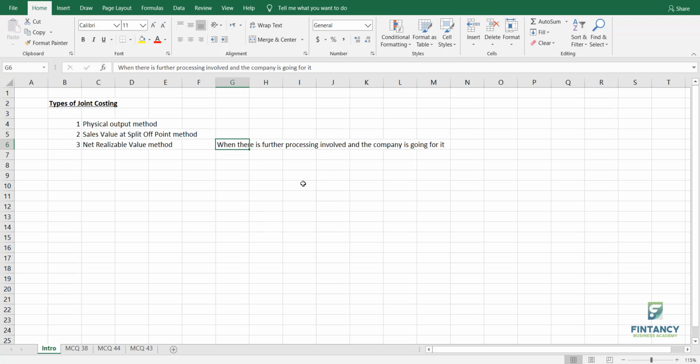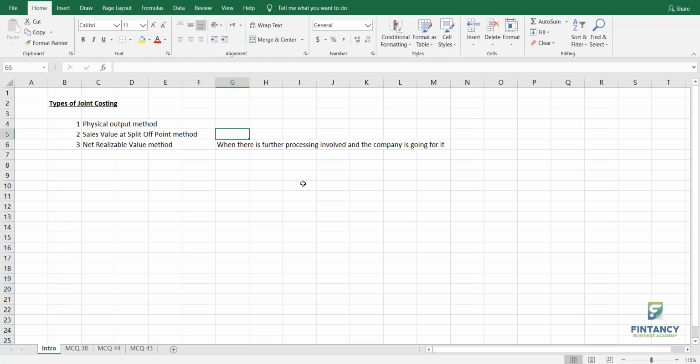So we will see how much profit we make if we sell the product at the split off point, and how much profit we make if we further process and sell. You compare the profitability and then select whether to process further or not.